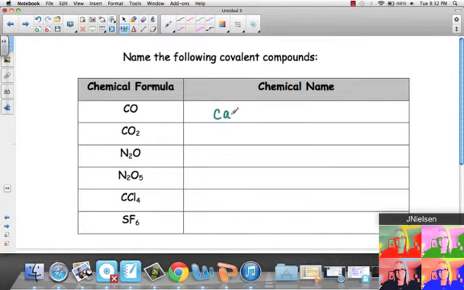So let's do some examples. This is carbon, and there's 1, but we don't name mono for the first one. And this is oxide, but there's 1, so it's going to be carbon monoxide. We're going to drop one of the O's because we can't say monooxide. We just did this one.